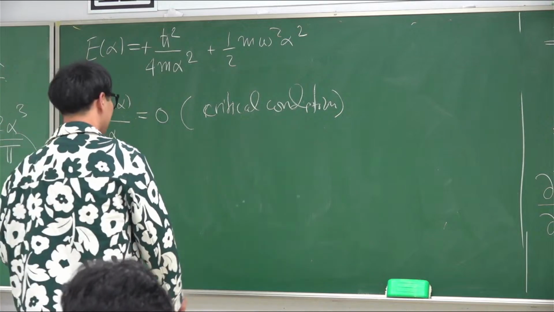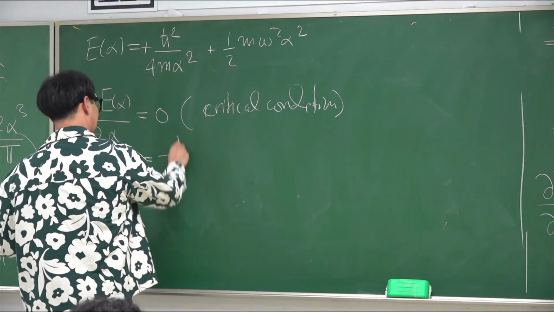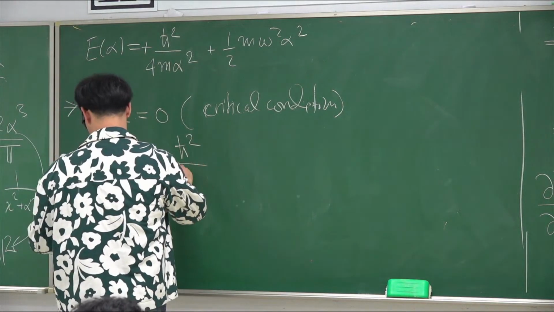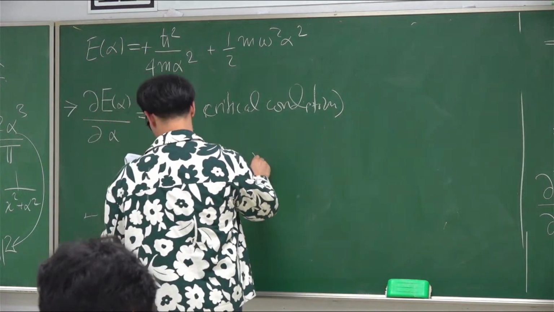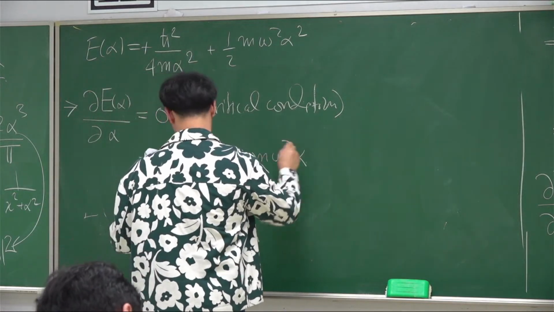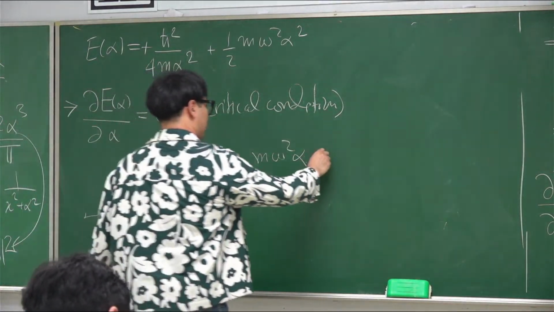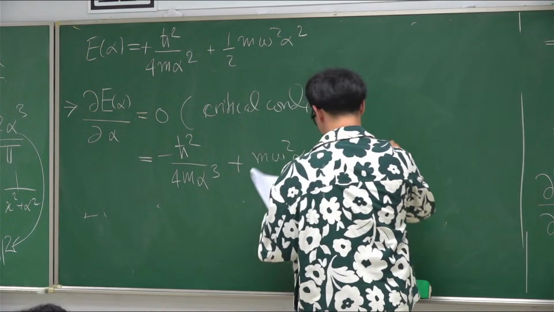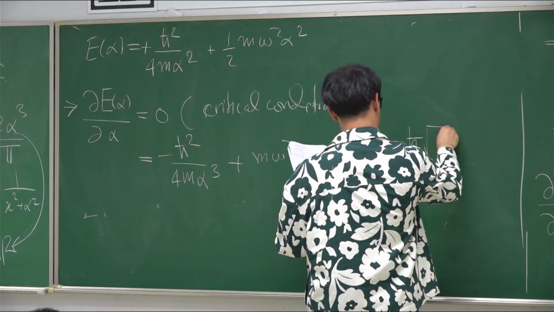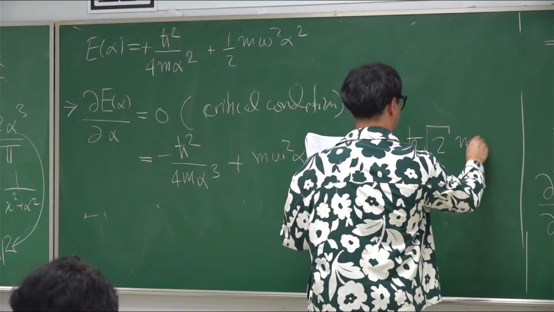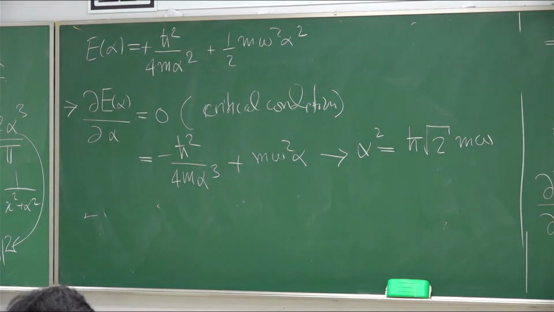All right. So what we get is that you will get here. So you could solve for the alpha, which is m omega. Right.